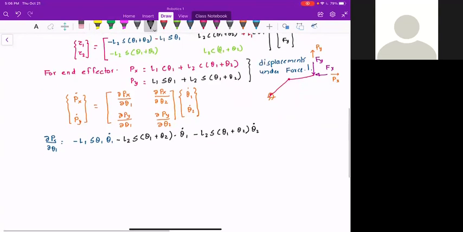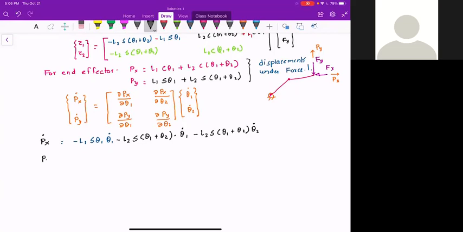Now, next is partial px divided by partial theta 2. Actually, I will combine this together. Let me do the exact same thing the way I have shown over here, and write it like this. That way it will be easier to manipulate.